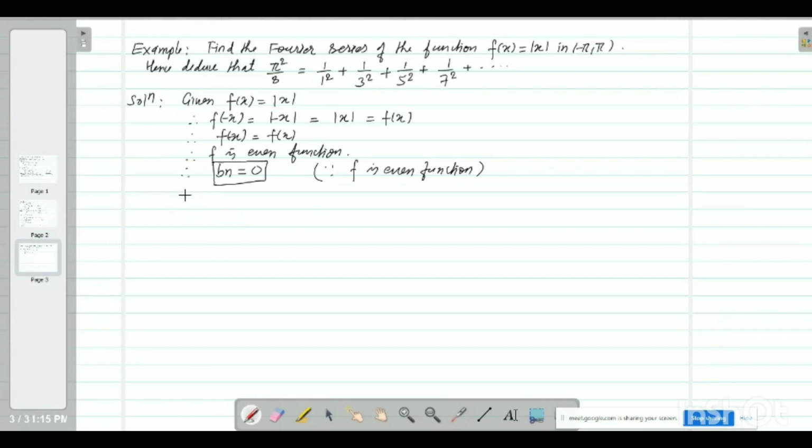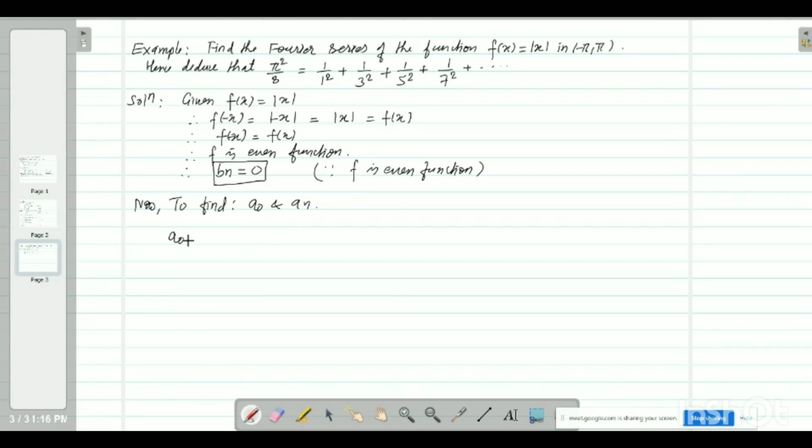Now our job is to find a naught and an. So we first find a naught.